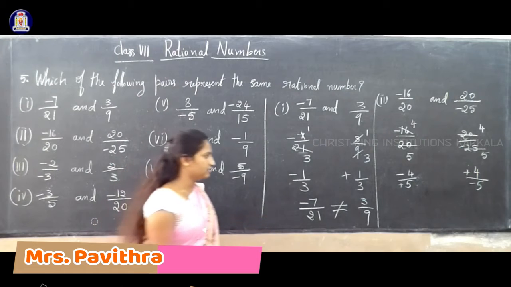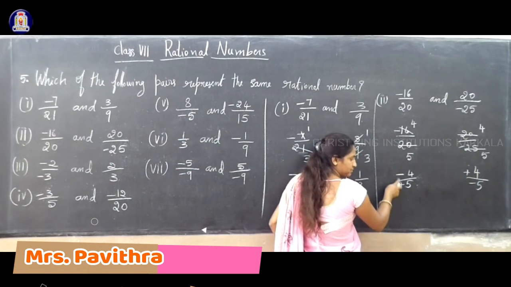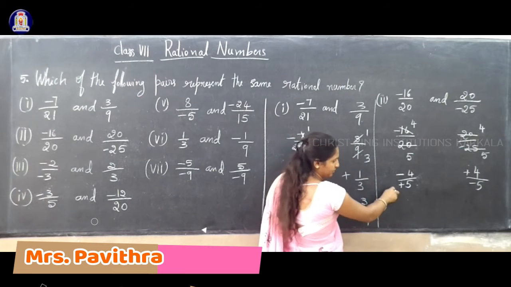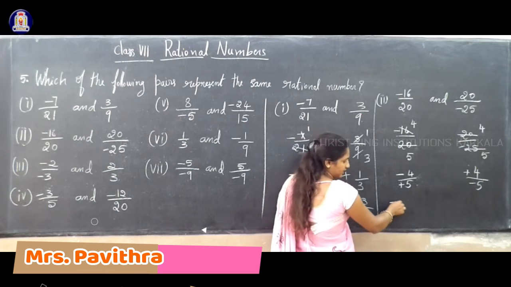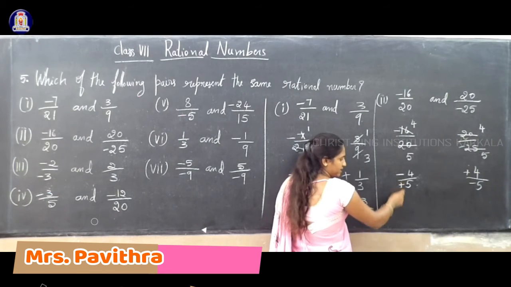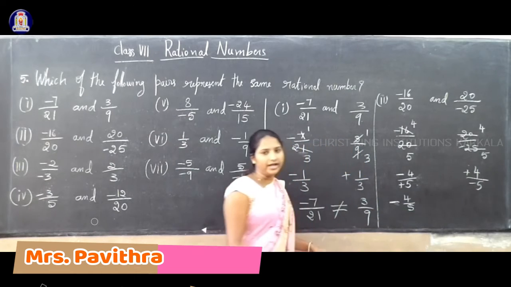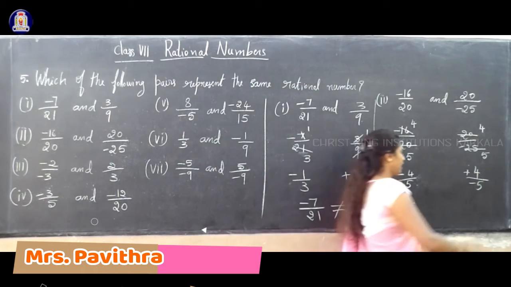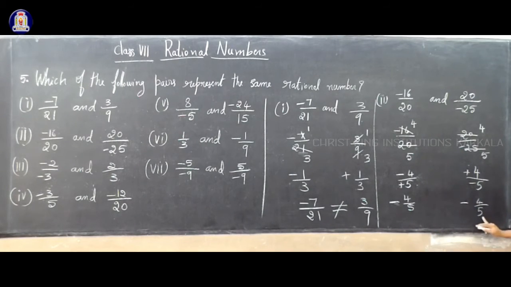If you apply the rule, plus minus in the division, you can write a minus in the numerator. Or inside you can write plus minus is minus, and the number is 4 by 5. So minus 4 by 5, and here plus minus is minus. So the number is 4 by 5. See, the same: minus 4 by 5 and minus 4 by 5.